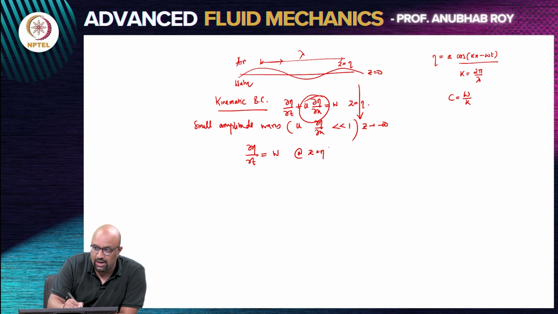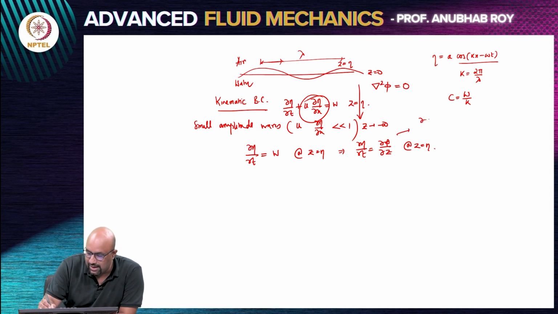So if there is no initial vorticity in this particular problem, and I am looking at an inviscid calculation, by Kelvin circulation theorem, it will continue to remain irrotational for all later point in time. So the velocity field in the fluid or in water can be represented by Laplace equation, del square phi equal to 0. So bringing our knowledge of potential flow theory, w here can be written as dou phi dou z at z equals eta.